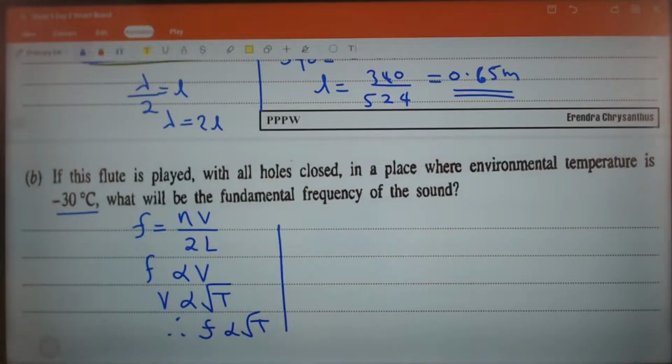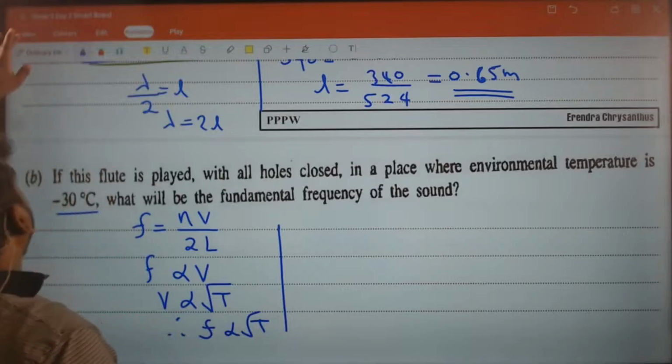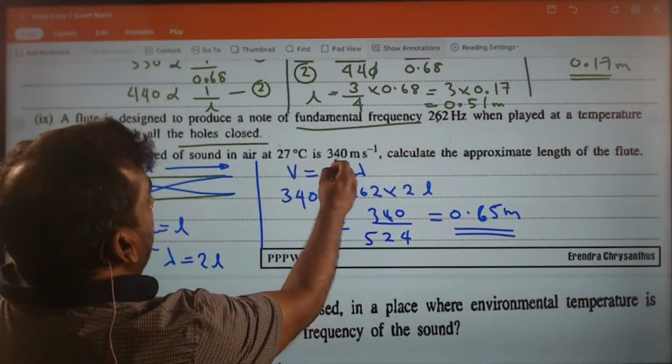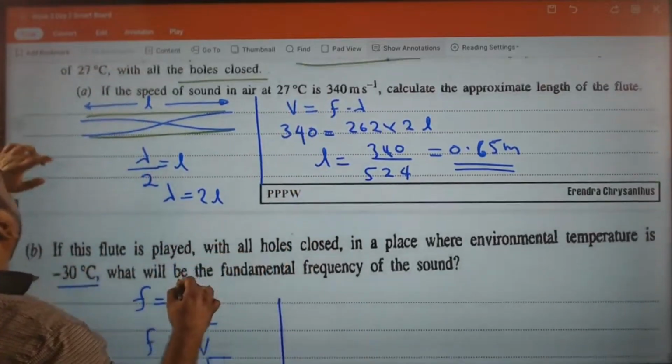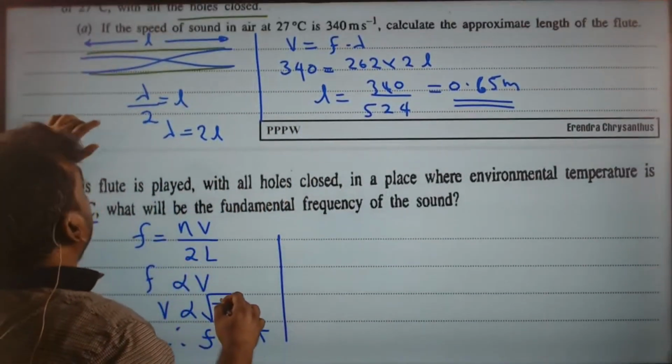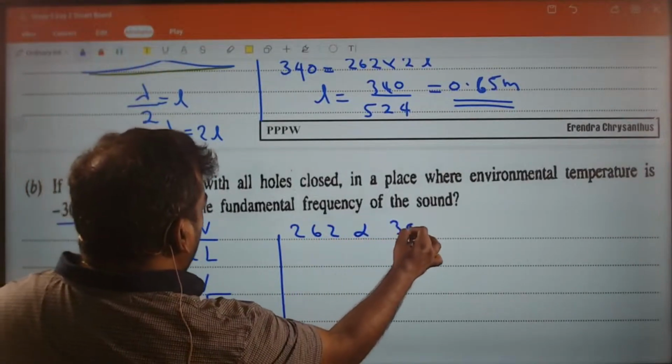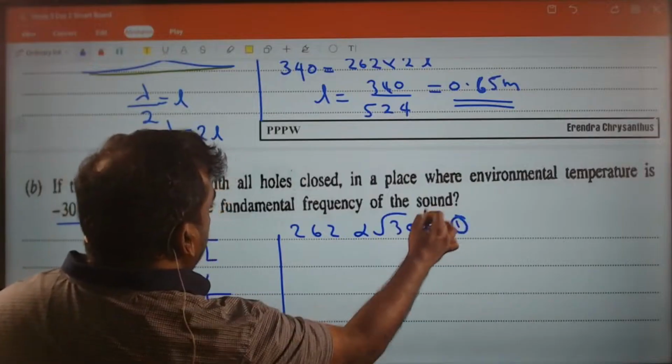When the frequency is 262, temperature is 27, which means 300 Kelvin, equation 1.